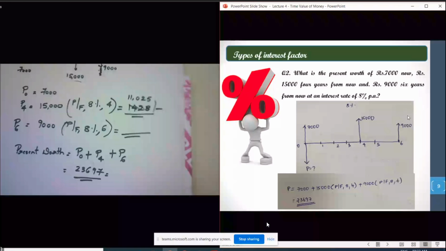So if I want to withdraw in these 3 installments, how much amount do I have to deposit now? We calculated it and found that the principal amount is 23,697. So if I deposit 23,697 all together now, in the current year, I can withdraw 7,000 immediately, then 15,000 after 4 years and 9,000 after 6 years. So that is the inference, provided the interest rate is 8%.